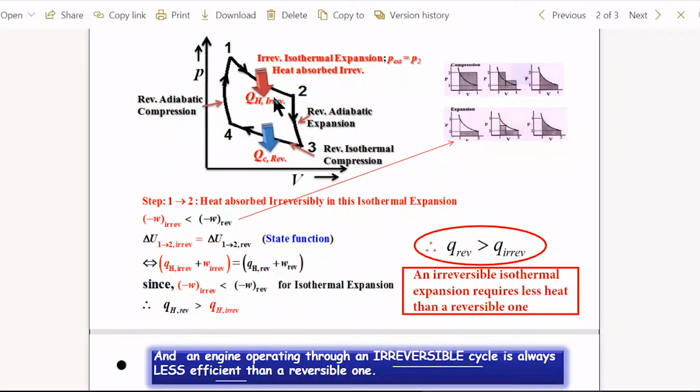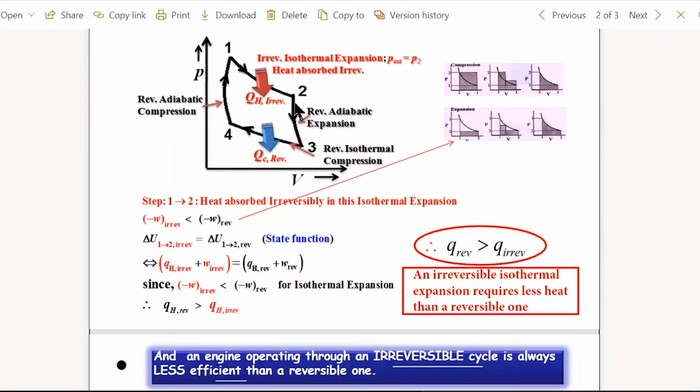So whether I carry out the change reversibly or irreversibly, the value of delta U from this place to this place should be the same, because it is U2 minus U1, independent of whether it is irreversible or reversible.